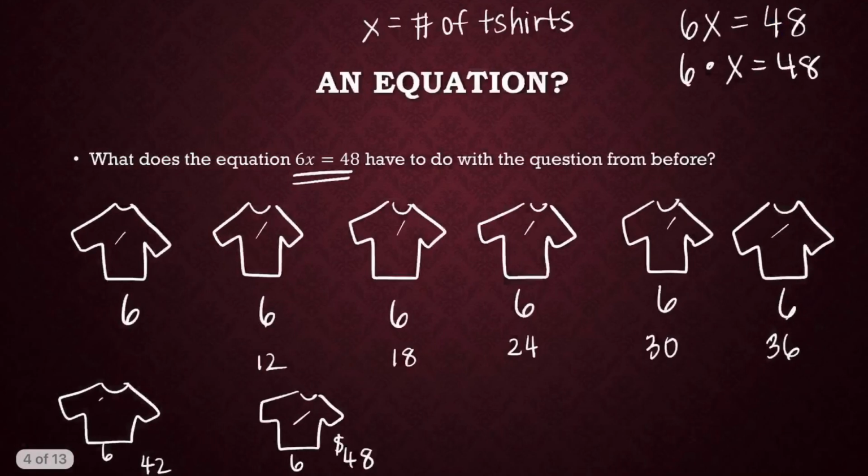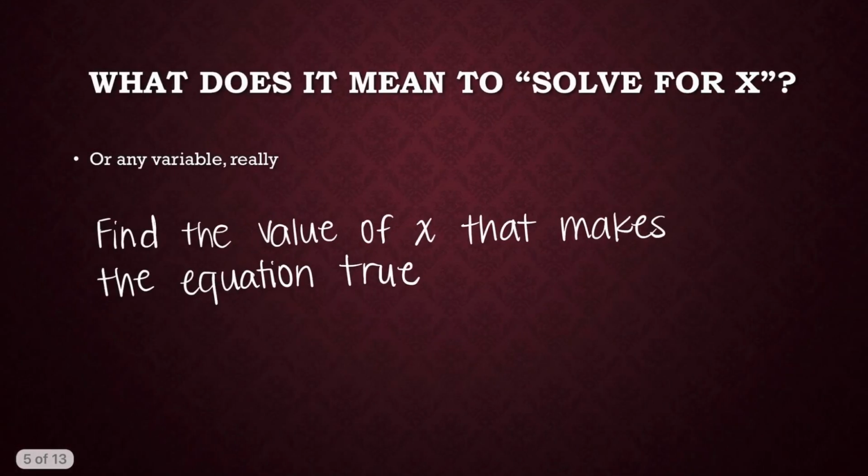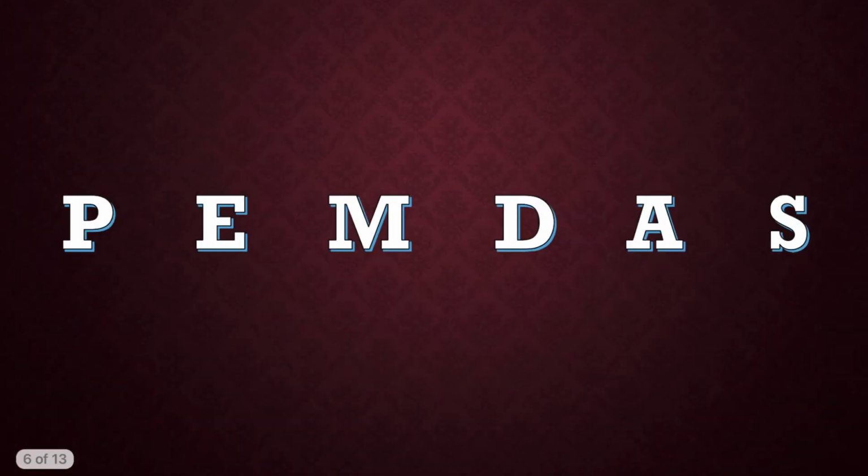And we can kind of see that in the last one over here, where I said, okay, well, we have 6x equals 48. We were looking for the number of t-shirts. The number of t-shirts was 8, and that's the amount of t-shirts that made the equation true. So it's finding the value of x or a or b or whatever the letter is, whatever the variable is, that will make your equation true.